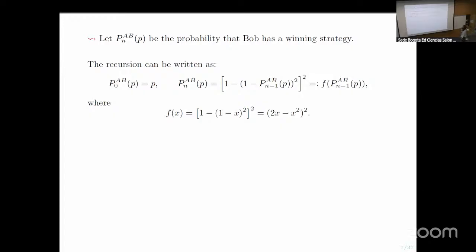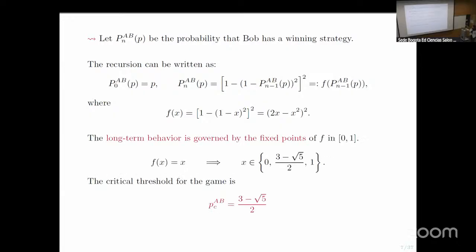In order to understand this game when n goes to infinity, I need to understand this function. In particular, I need to understand the fixed points of this function, the points that don't change when n goes to infinity. We can compute the fixed points of that equation, and they are these three values: 0, 1, and this very beautiful number here.